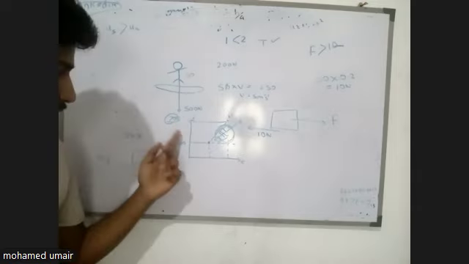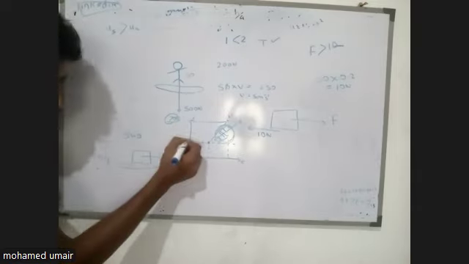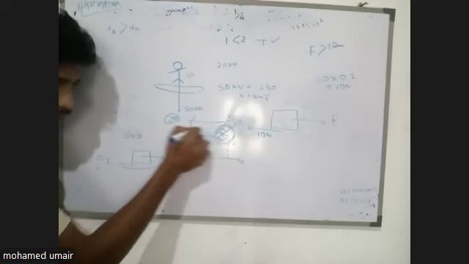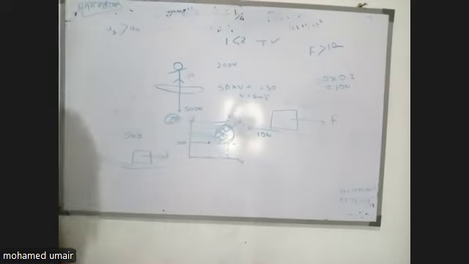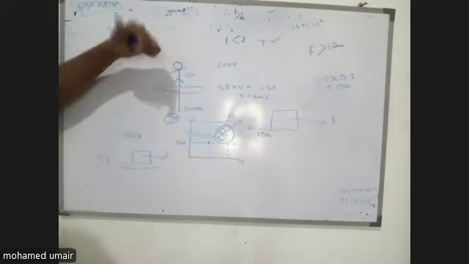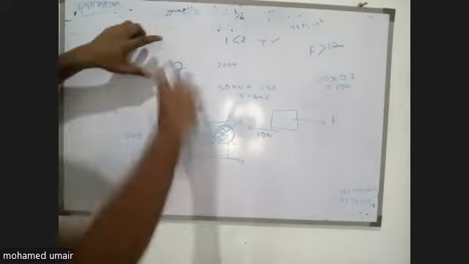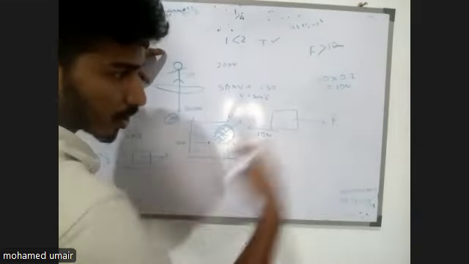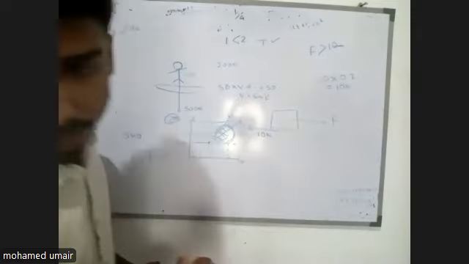Like 700, 600. You can see these values are greater than 500. So he must provide a force greater than 500. So it is like the scenario here. I must provide a force greater than 10 Newton.